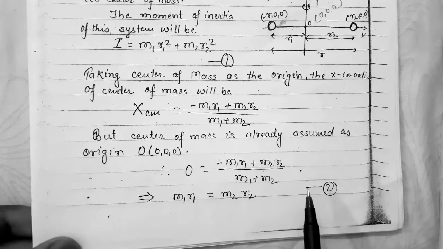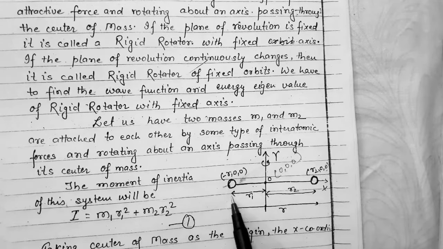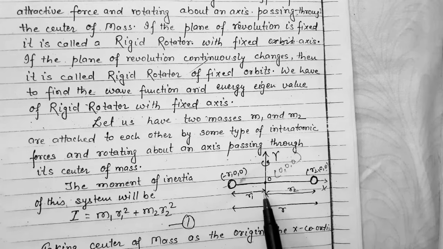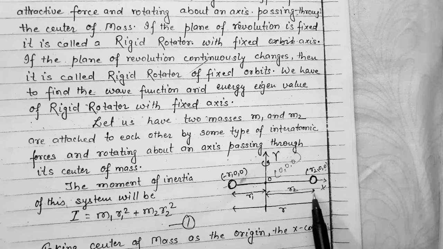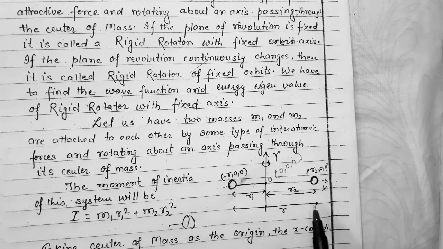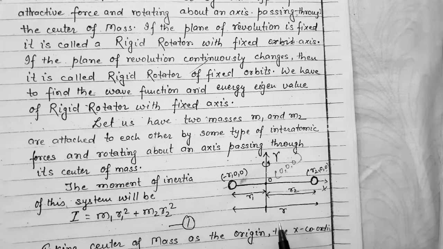We have assumed this is the distance of mass 1, that is body 1, from the origin. This is the distance of body 2 from the origin, and the total distance is taken as r. So we replace r equals r1 plus r2.